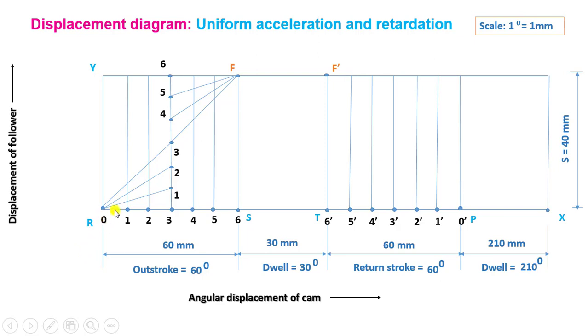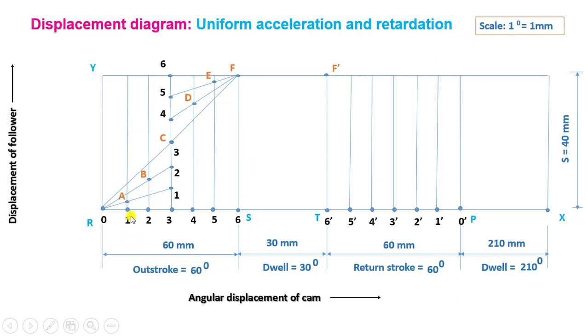Line R1 cuts the vertical line through 1 at point A. Similarly, obtain points B, C, D, E.